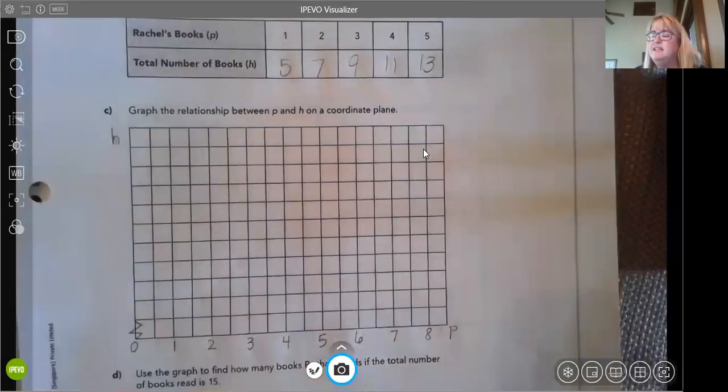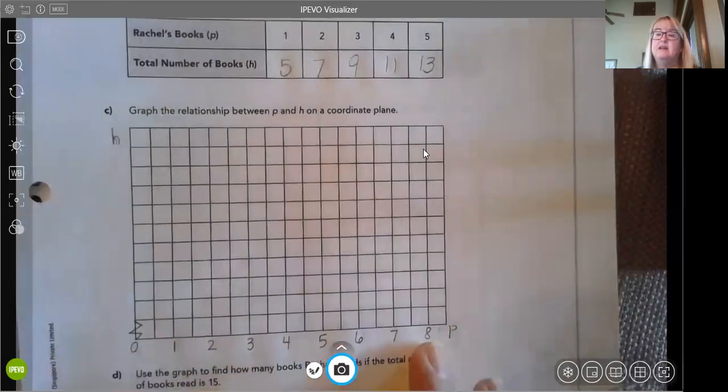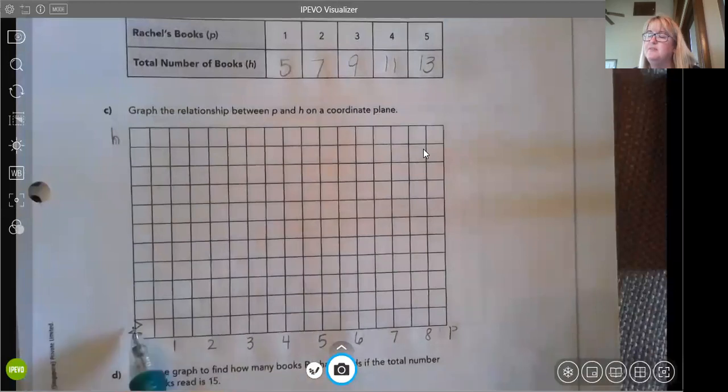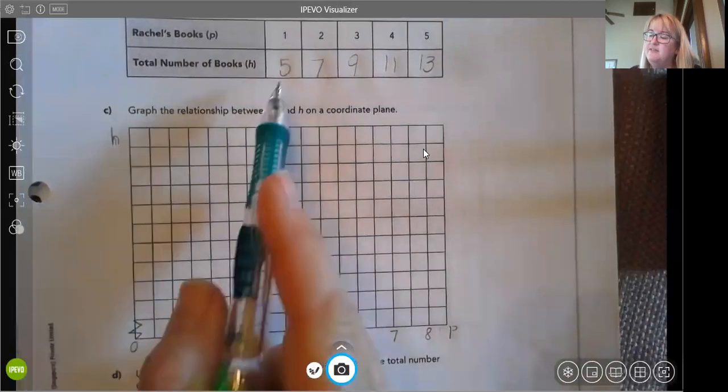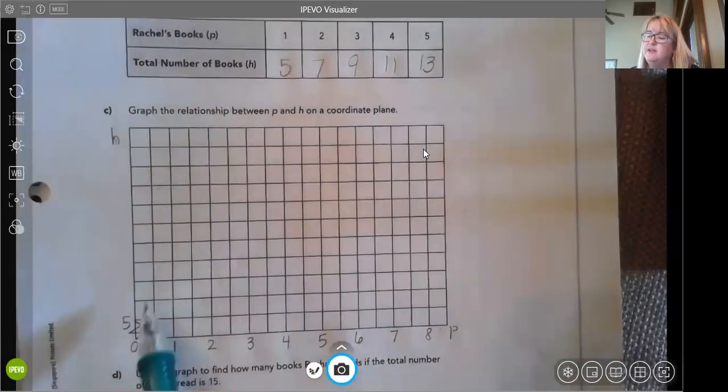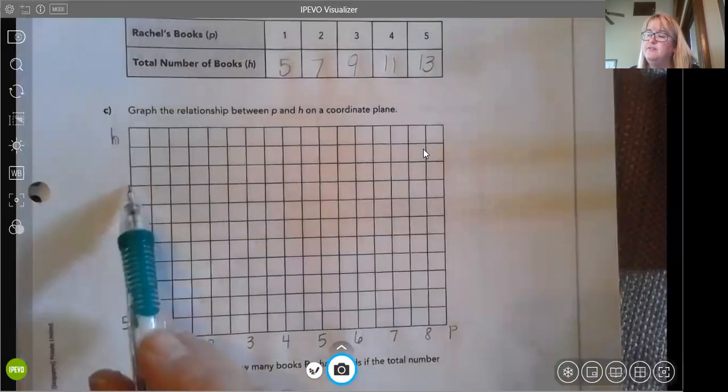And what that means is this is nice and even. It goes 0, then we go 1, 2. This is spread out appropriately. This means we're going to start at a different place. I'm going to start at 5. And then let's see if we can do 6, 7, 8, 9, 10, 11, 12, 13, 14, 15.